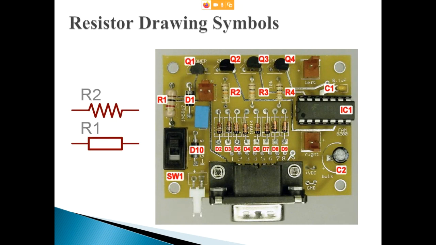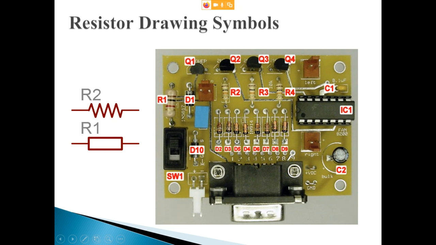Here's a picture of a circuit board, just showing you the R's, R1, R2, R3 are resistors. I'll just go over this other stuff, we won't really discuss too much in this class, but the C1 over here to the right is a capacitor.